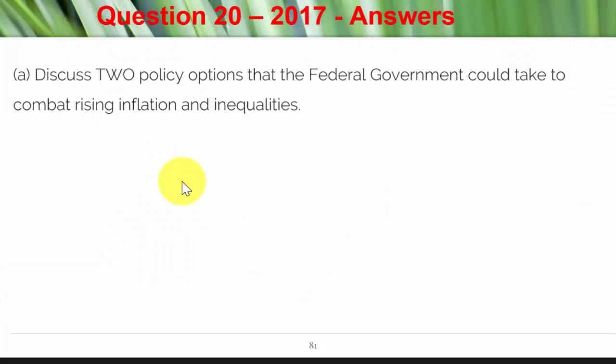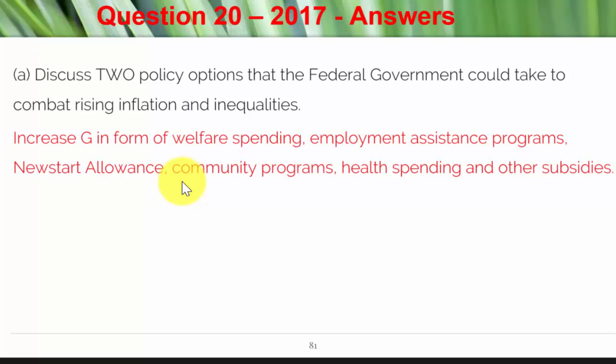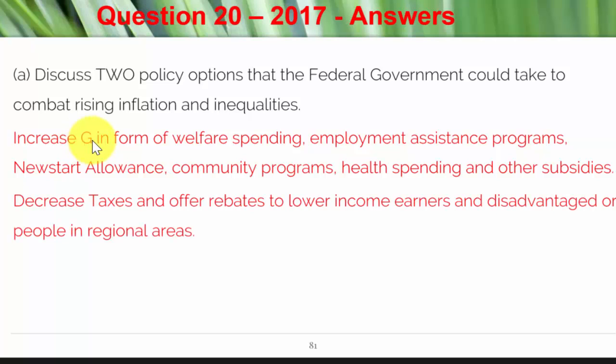So this one, 2 policy options that the government could take to combat rising inflation and inequalities. So in terms of government spending, they increase welfare spending, employment assistance programs, New Start for the people unemployed, community-based programs, health spending, and other subsidies. So there's a whole range of things you could talk about there, but you need to realise that as part of your fiscal policy.